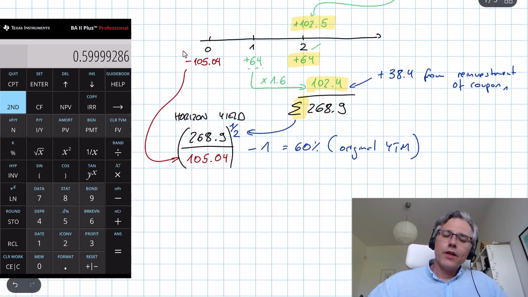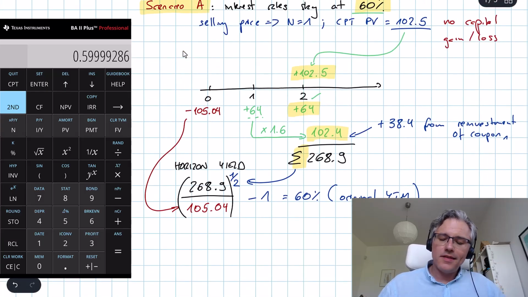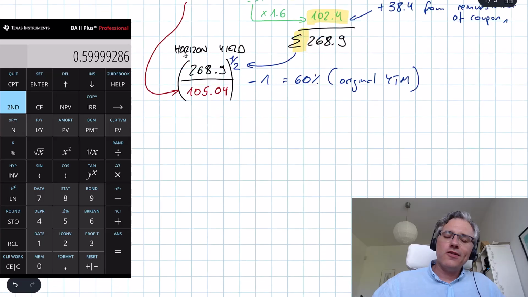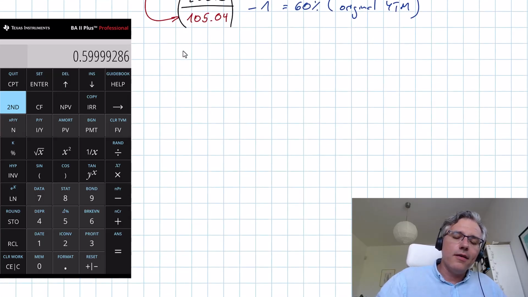However, the more interesting discussion, or analysis, comes if we entertain a different scenario.